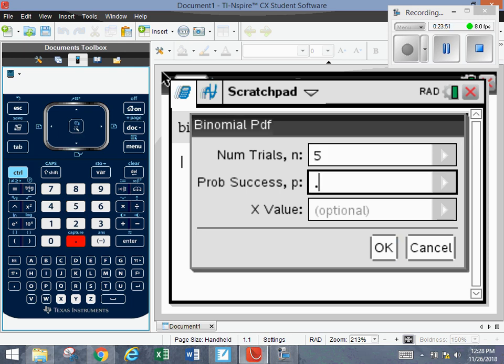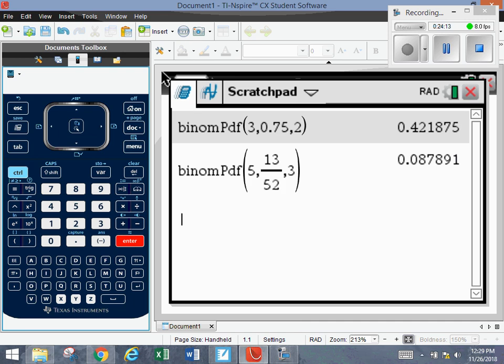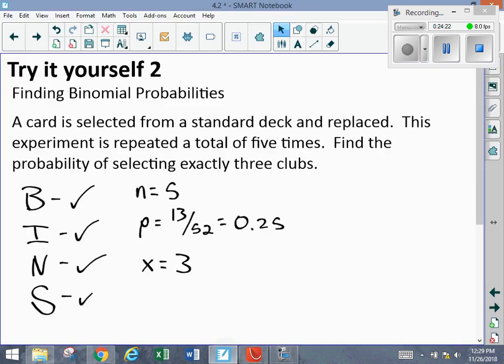Probability of success, I'm actually going to put as 13 divided by 52. You don't have to simplify your fractions or make them decimals. It will calculate it based on this fraction value. We're looking for the probability of 3 successes. You hit enter. And we get approximately 0.089. Okay? 0.089.